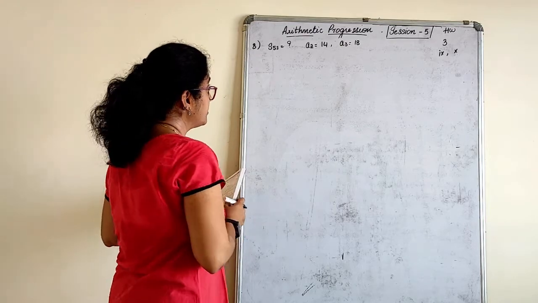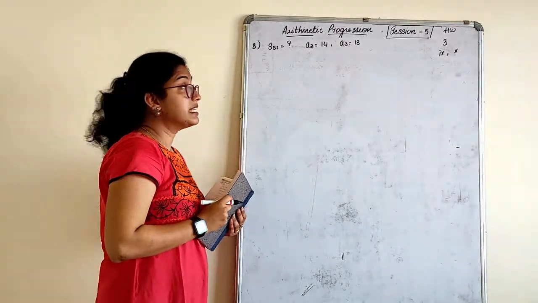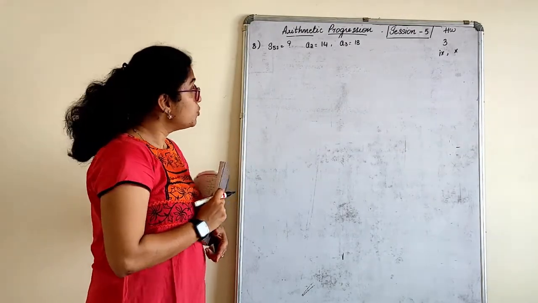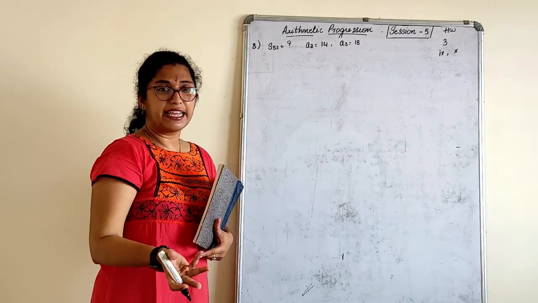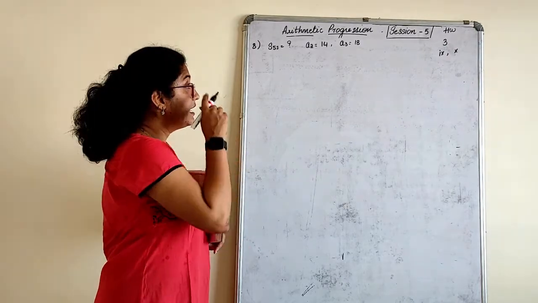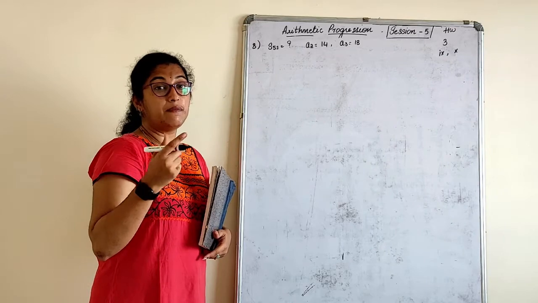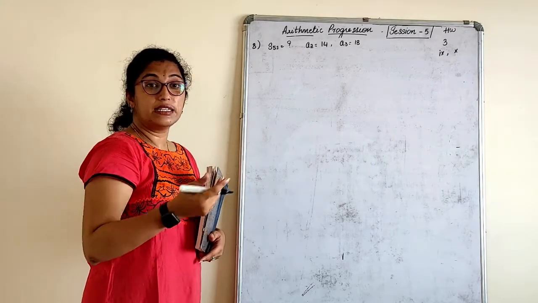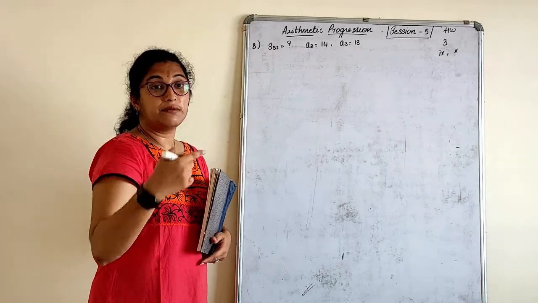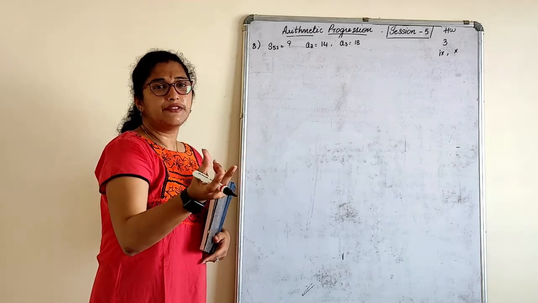Now look at the things here. They have given us two consecutive terms, second and third term. Otherwise you need not say A plus D is 14, A plus 2D is 18, a linear equation in two variables, cancel and do.